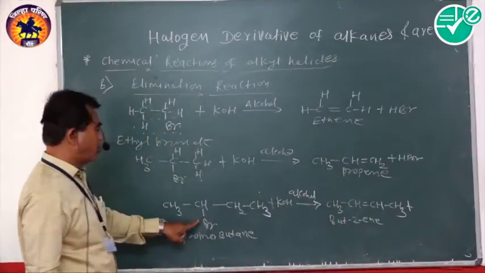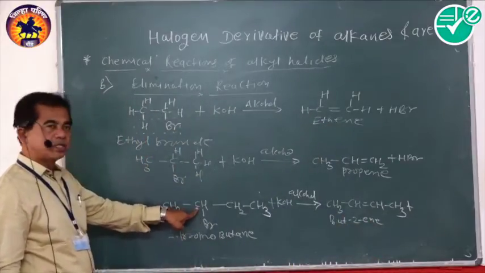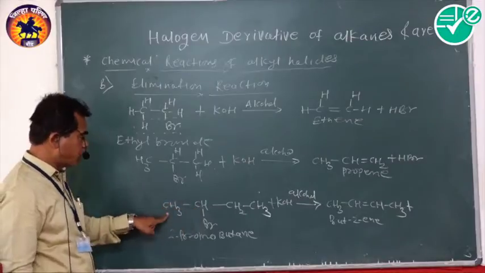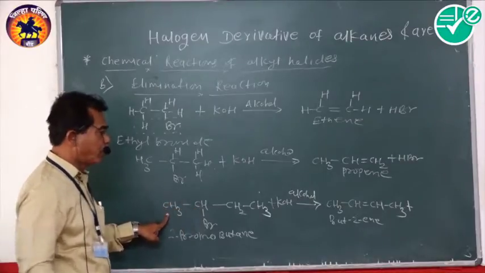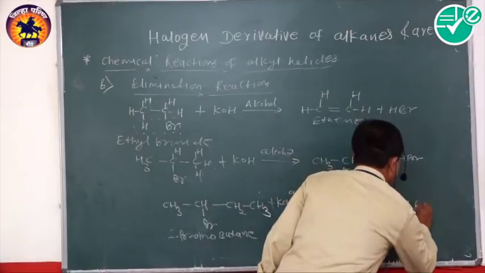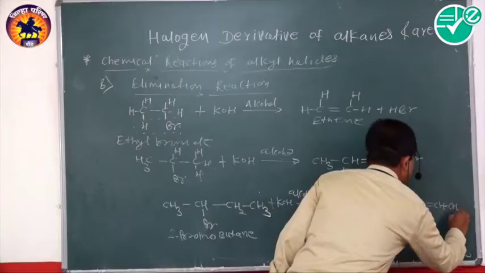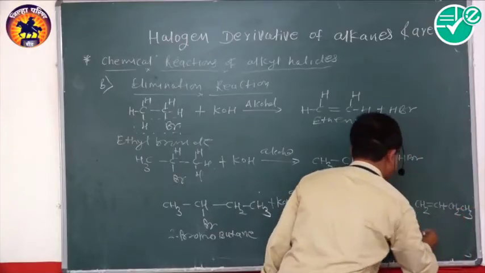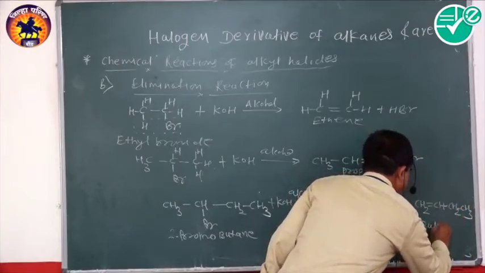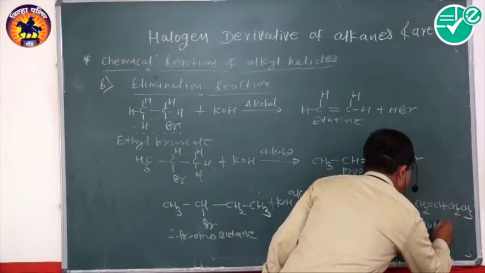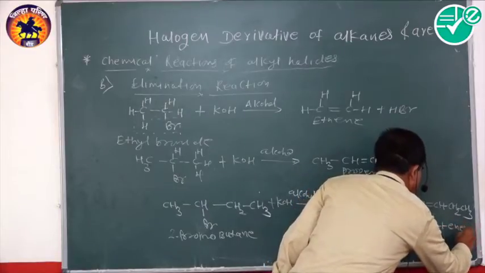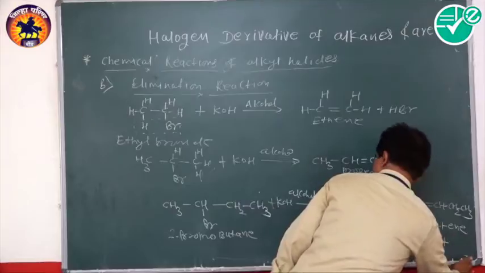If the bromine is removed from this carbon atom and hydrogen from the adjacent carbon atom, we get another product, but-1-ene, plus HBr.